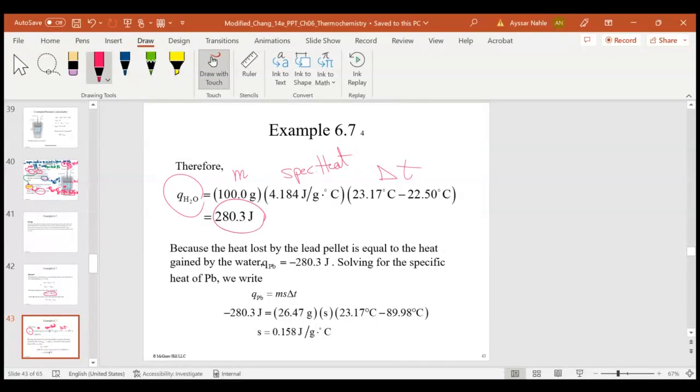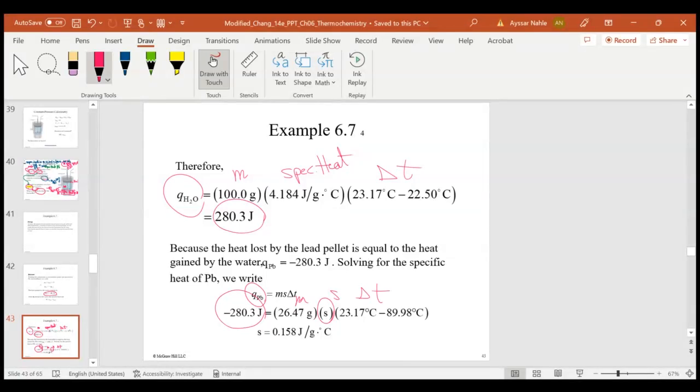Now, we got whatever joules in there, but the Q of the lead has a negative sign, the opposite sign, because one will absorb and the other is going to release. It will be equal to the mass multiplied by the specific heat multiplied by delta T. Notice in here 23.17.